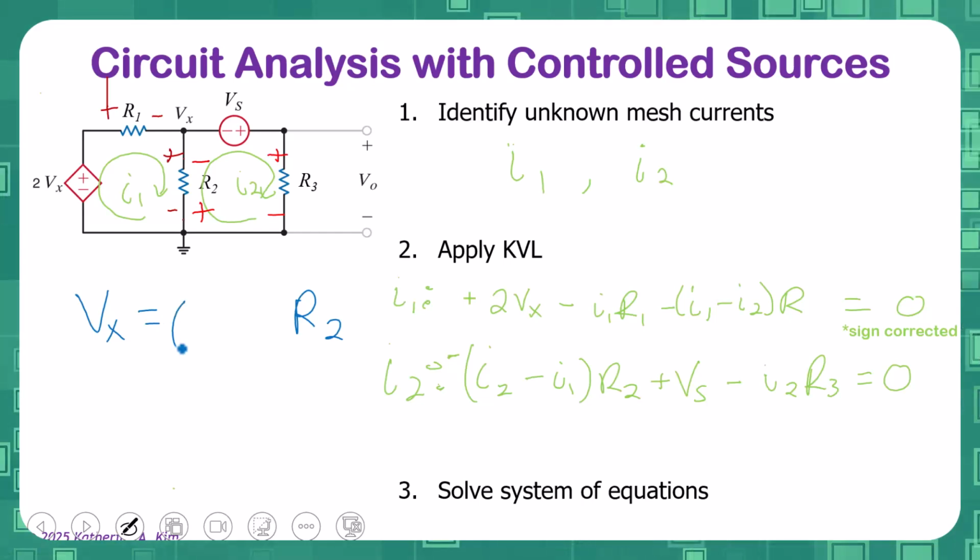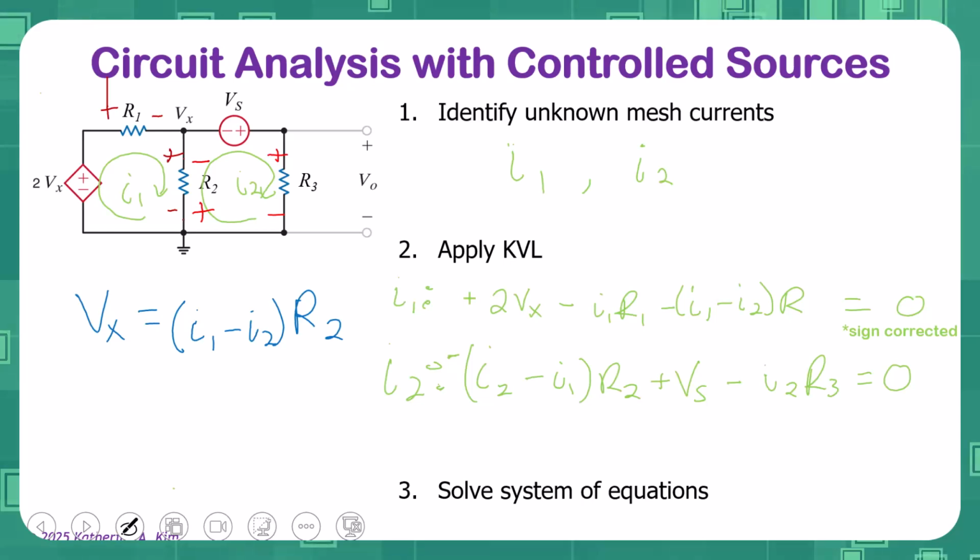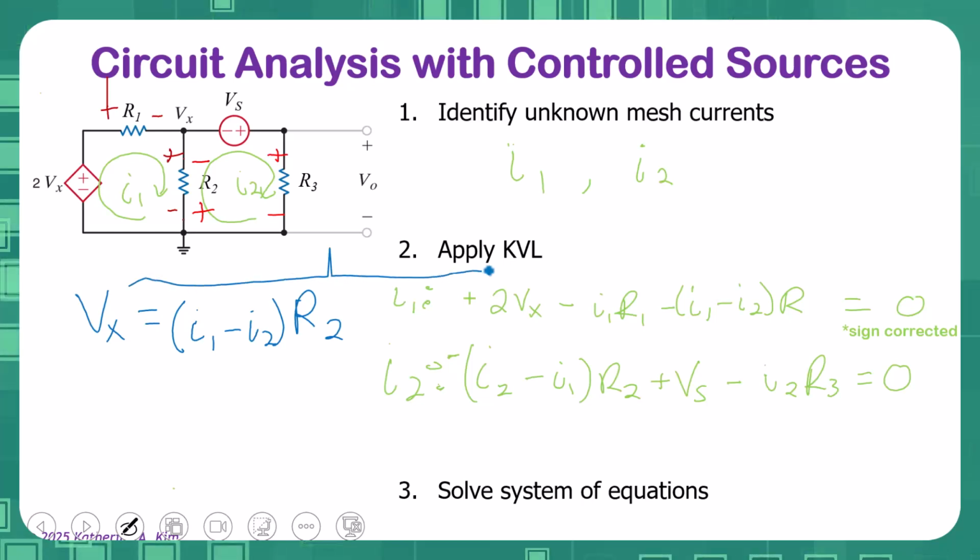So if we give our current, and here we're making the positive, so we're going to be using the left convention. So current going from Vx to the reference node, so that's going to be I1 minus I2, the current going from the Vx to the ground node, times R, so V equals IR, that will give us our value. We can then take that and plug it back into here, we only have one Vx here.